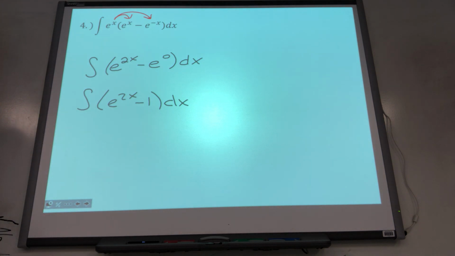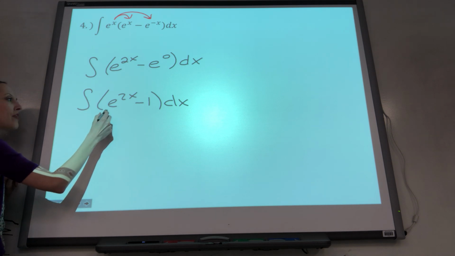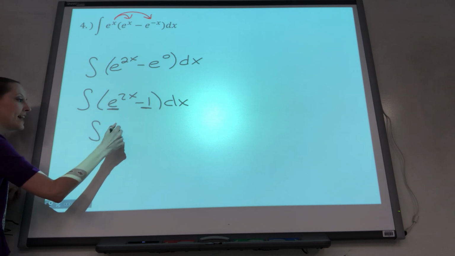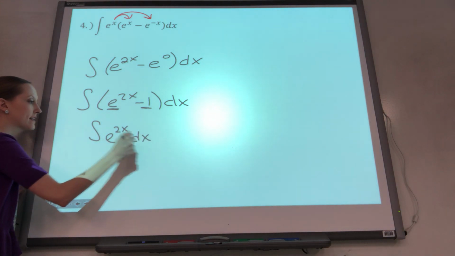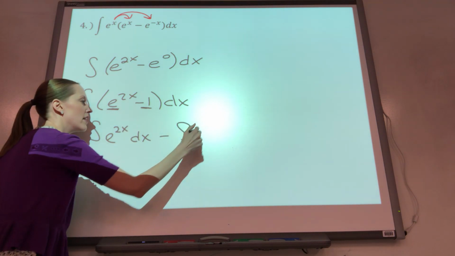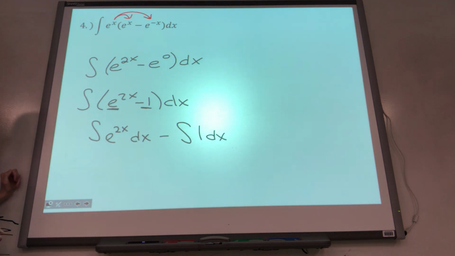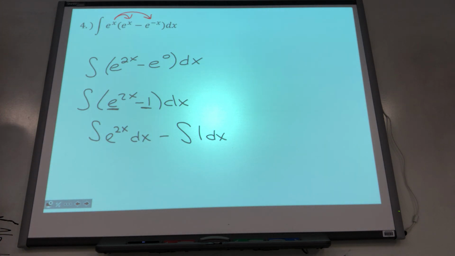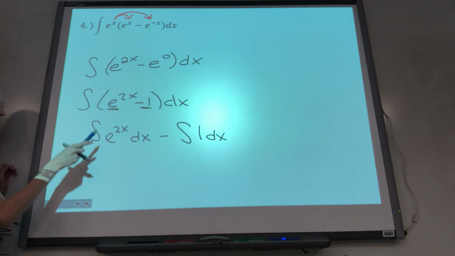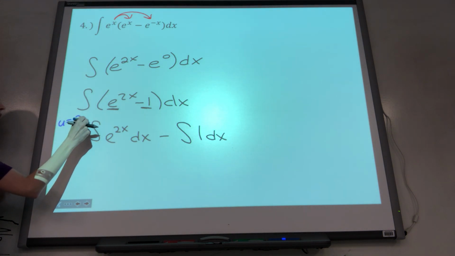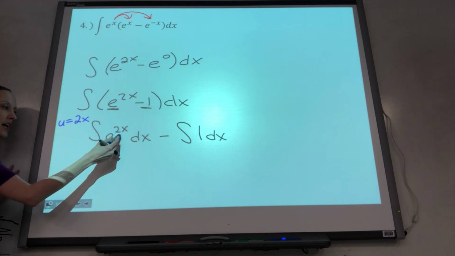So I know that you don't write this out when you actually do these problems, but you can think about integrating each part separately. Integrate e to the 2x with respect to x, and then subtract the integral of 1 with respect to x. Again, you don't have to show this step necessarily, but this right here will require a little bit of u substitution.